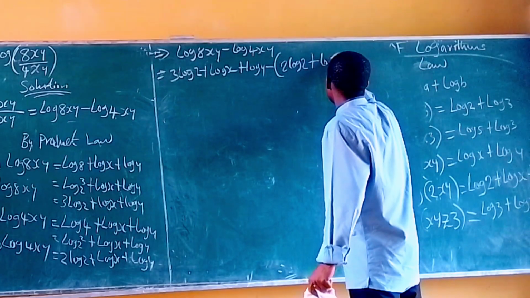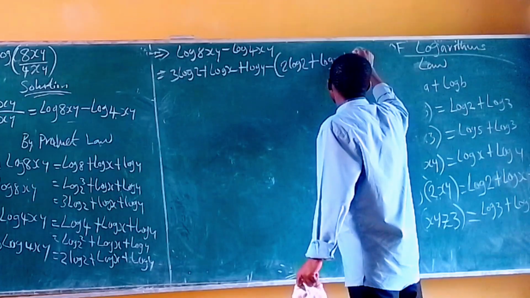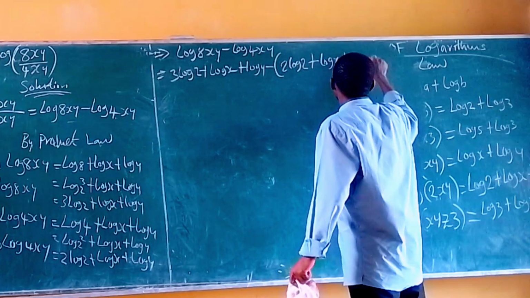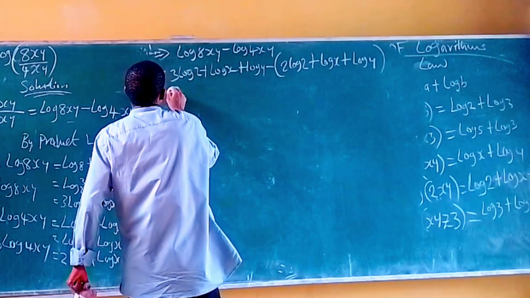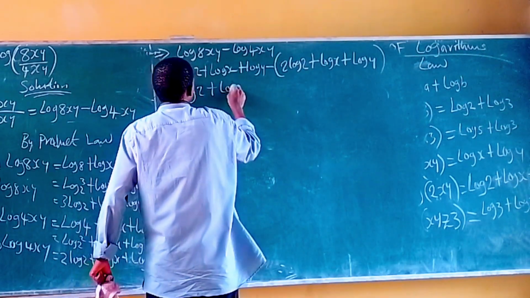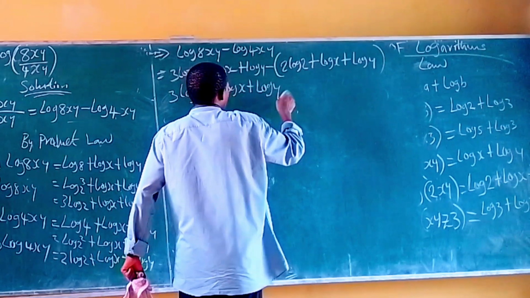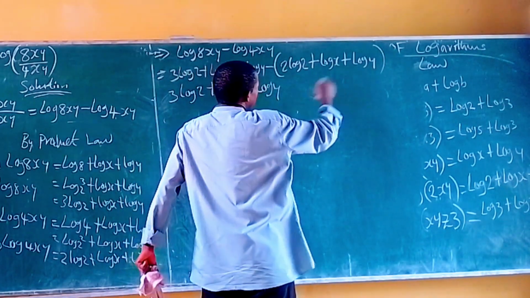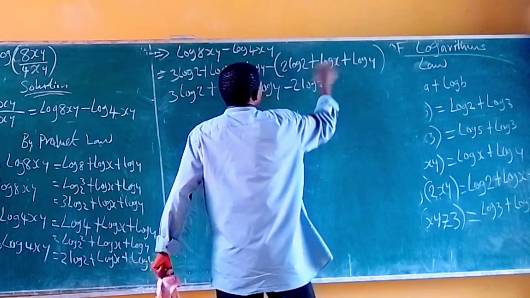Now don't forget to put the bracket. Let's look at what we are going to have. Expand the right hand side. Apply the minus to everything in the bracket.